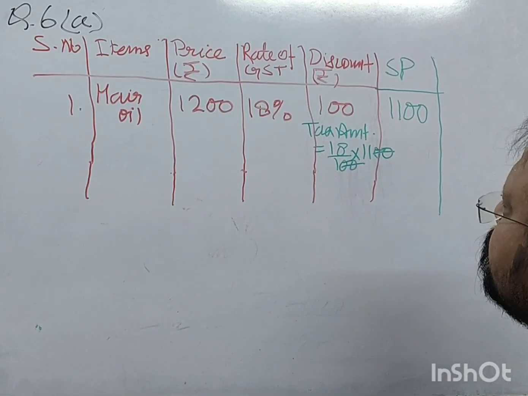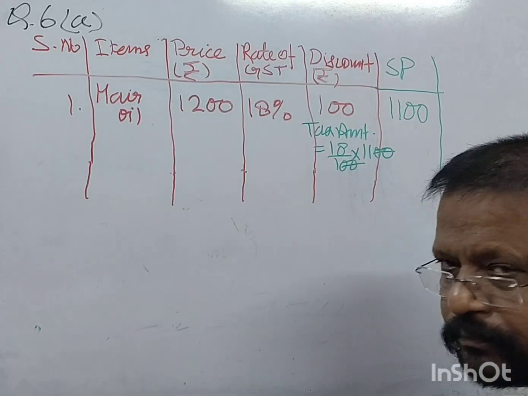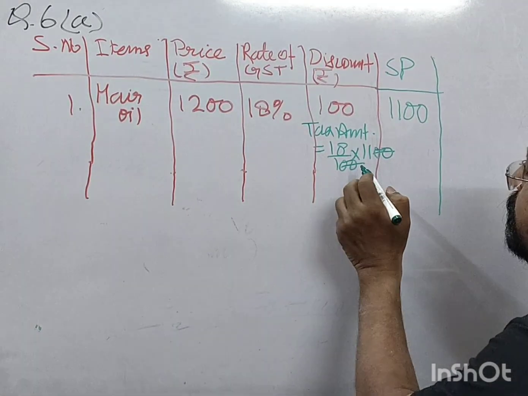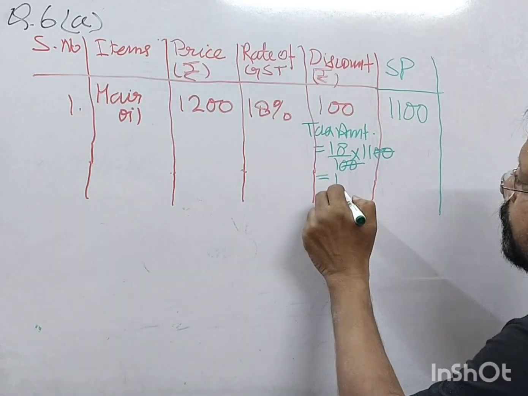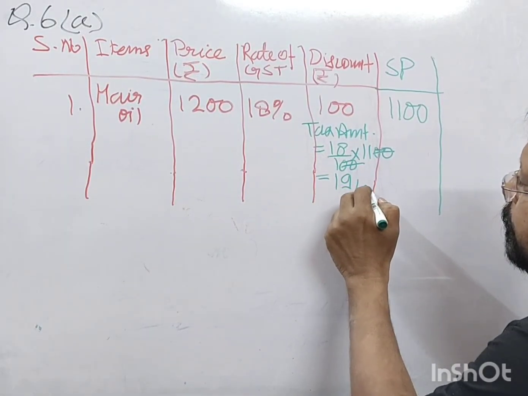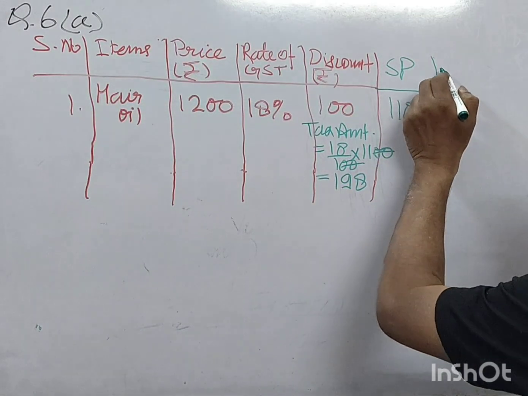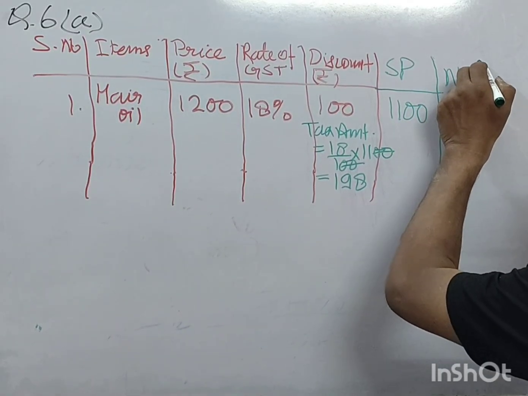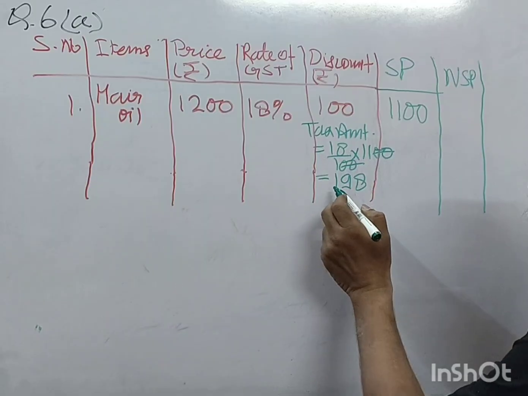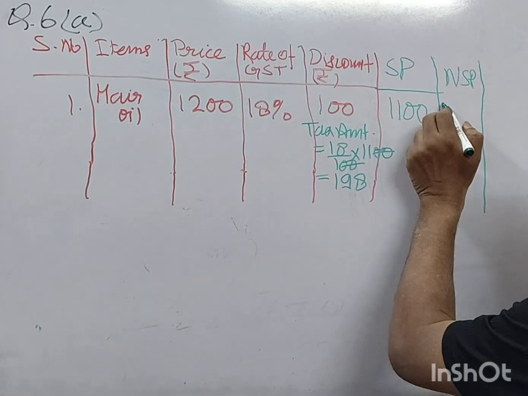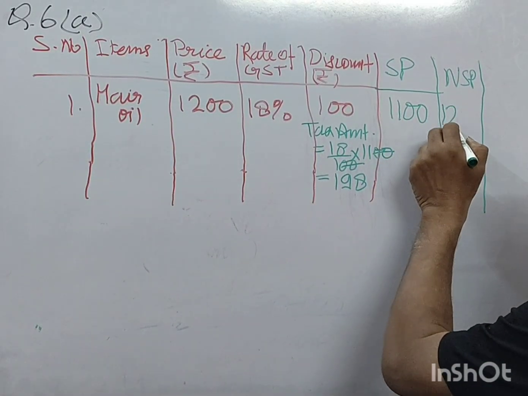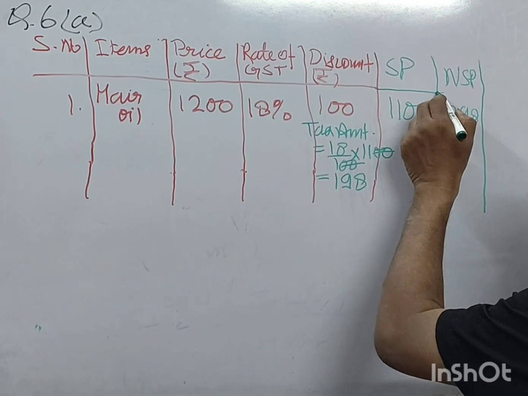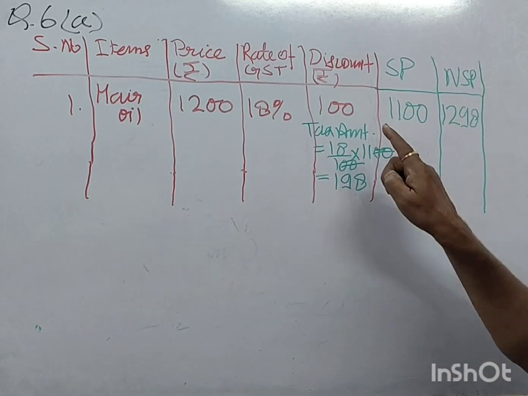It is how much? 198. Tax amount is 198. तो नेट एसपी कितनी हो गई? नेट एसपी इज 198. It is 1298. Right? This is 1298.